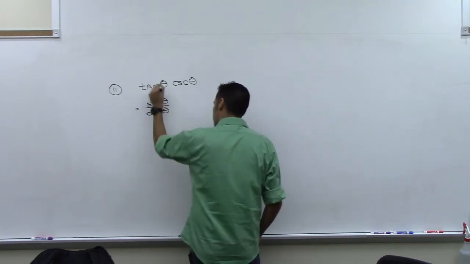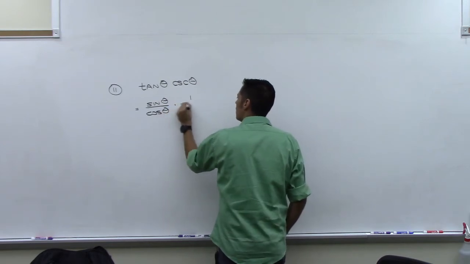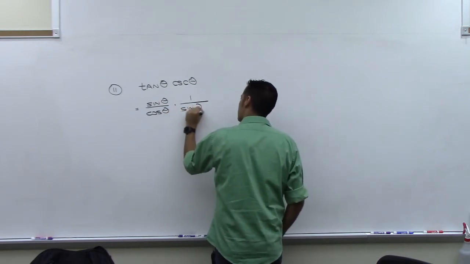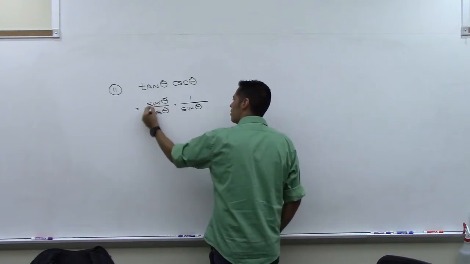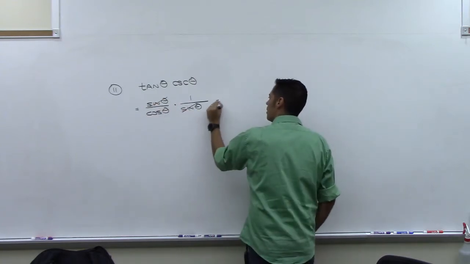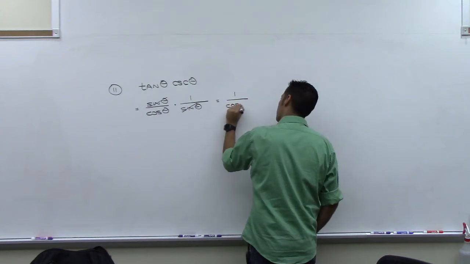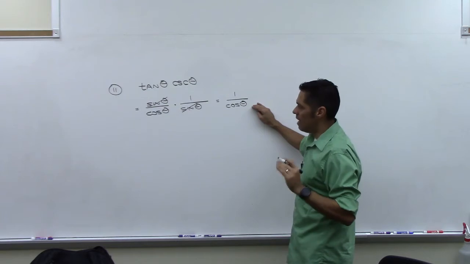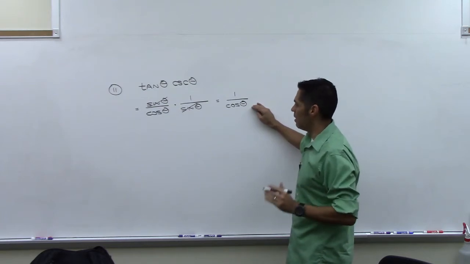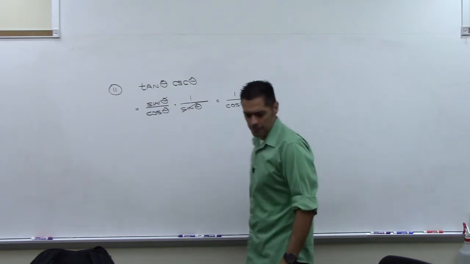That's the definition of tangent. I'm going to rewrite cosecant theta as 1 over sine theta. That's the definition of cosecant. And because this is multiplication, I can just cancel these out. And this is going to be 1 over cosine theta. Now 1 over cosine theta is secant theta, but they ask us to write our answer in terms of sine and cosine, so I'm just going to leave it like that.